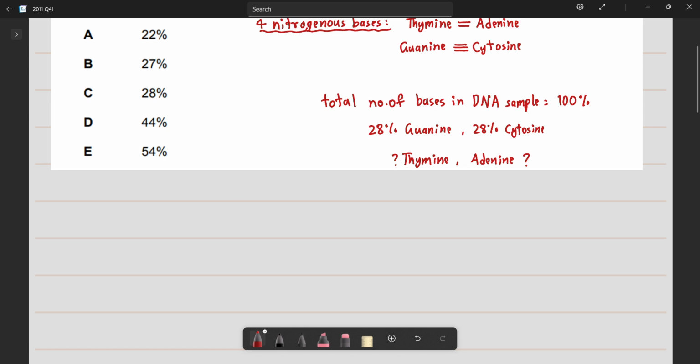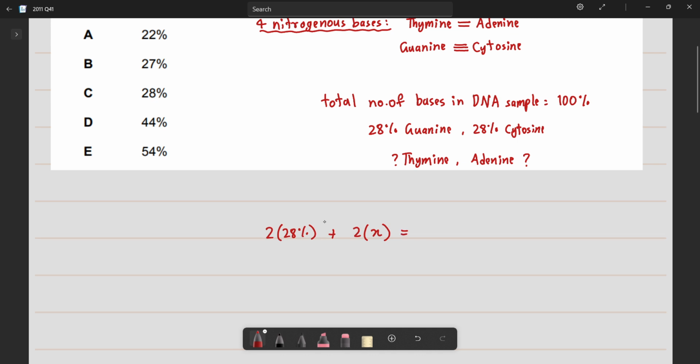Now, moving forward, we can equate it. We multiply 28% twice because it's guanine and cytosine, plus 2 times X, where I'll call the percentage of thymine and adenine X. I'm not sure about thymine, but whatever value I get for thymine will be the same as adenine, just as with guanine and cytosine.